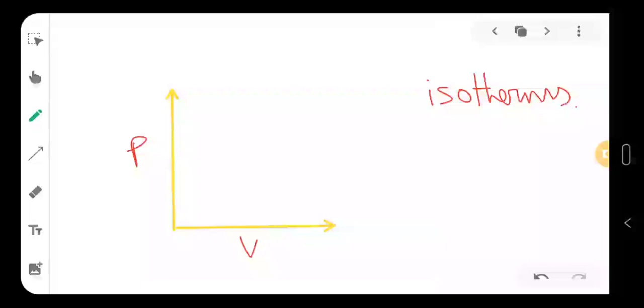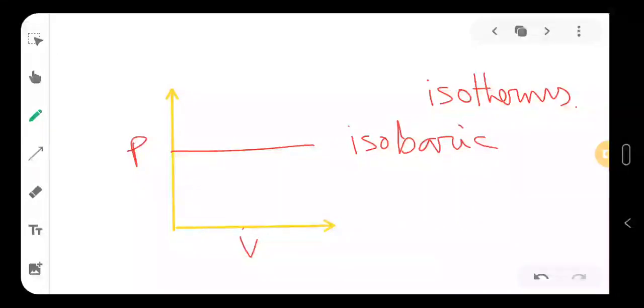If I draw a line like this, P pressure is constant here, so this will be an isobaric process. Okay. If I put a line like this, that will be an isochoric process.